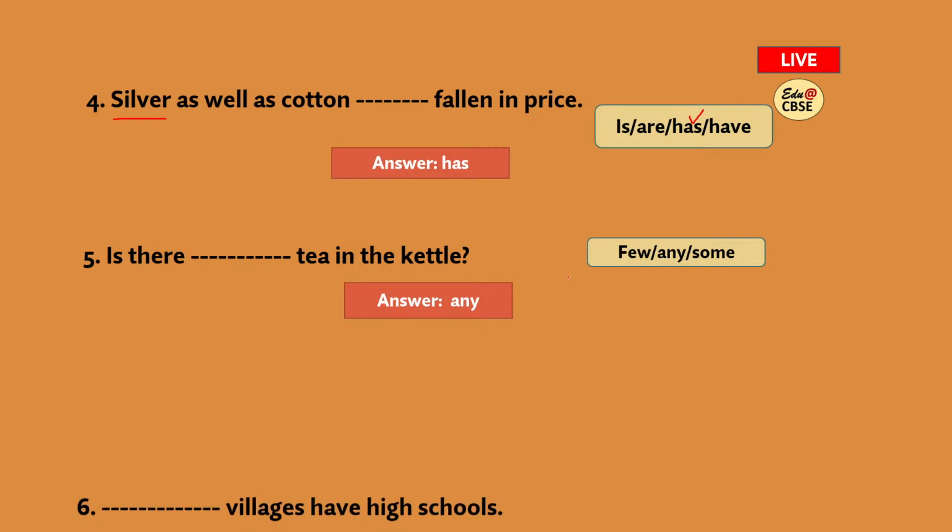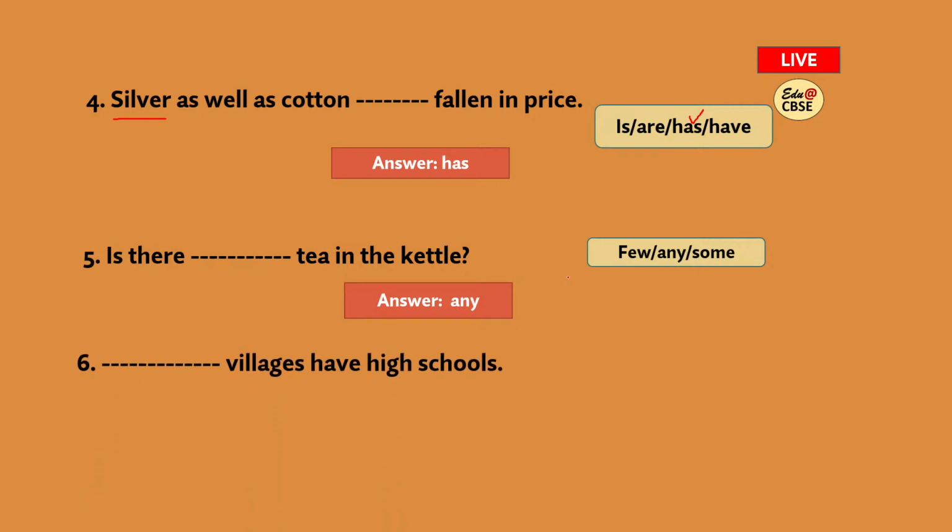Now we move on to the next sentence, the sixth one. Dash villages have high schools. Yes, all of you are correct. Any, Mahima, Suryansh, yes, any. Now the sixth one, dash villages have high schools. The clues in this case, you have to pick out of little, few, much, a little.